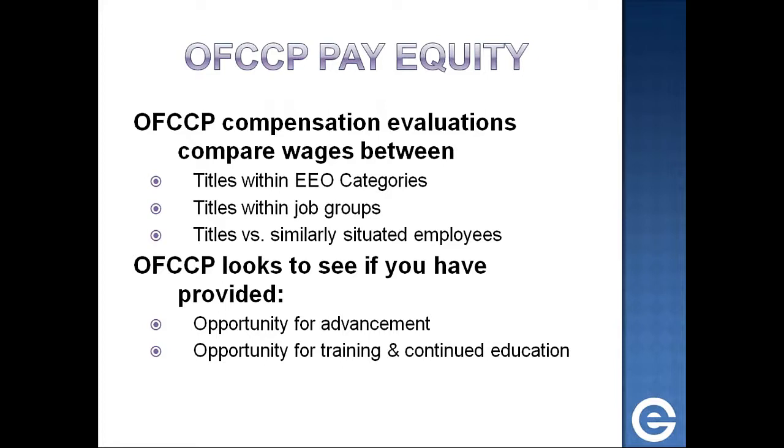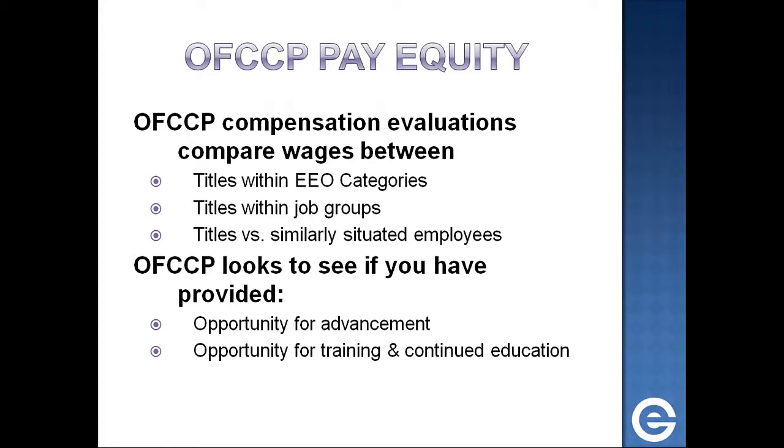They also compare wages between your job titles and within your EEO categories. So they're looking for employees in similarly situated categories. Then they look within job groups. Some of you have your EEO categories broken down further into similarly situated job groups, especially the larger companies.